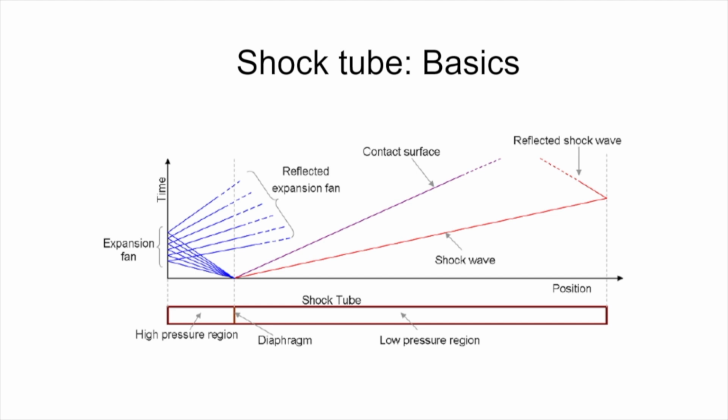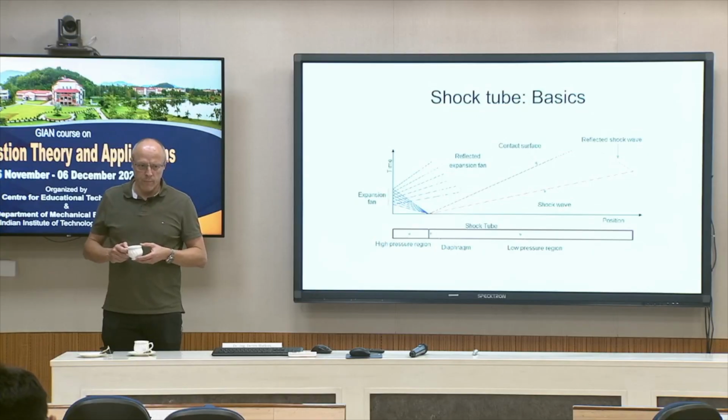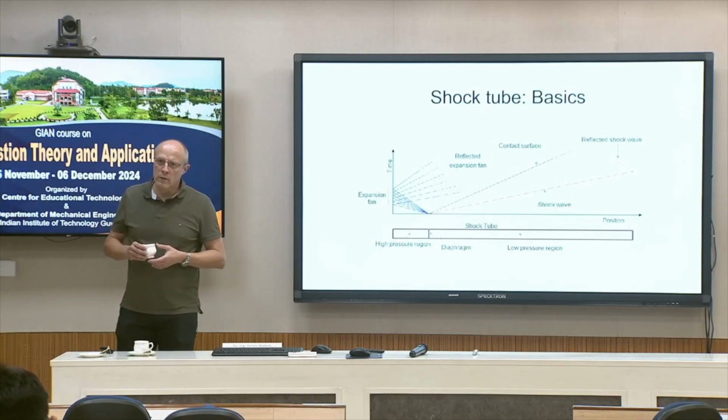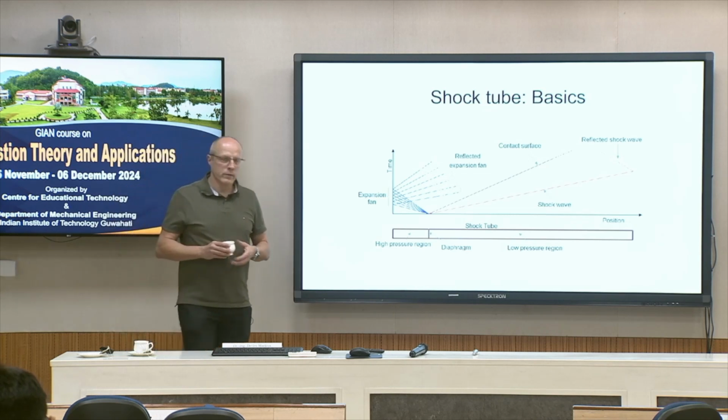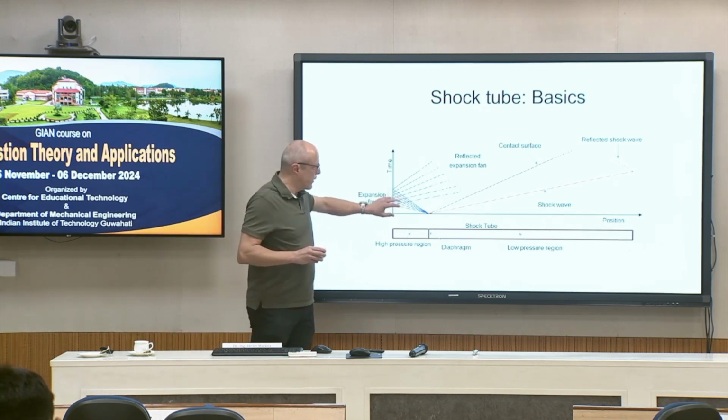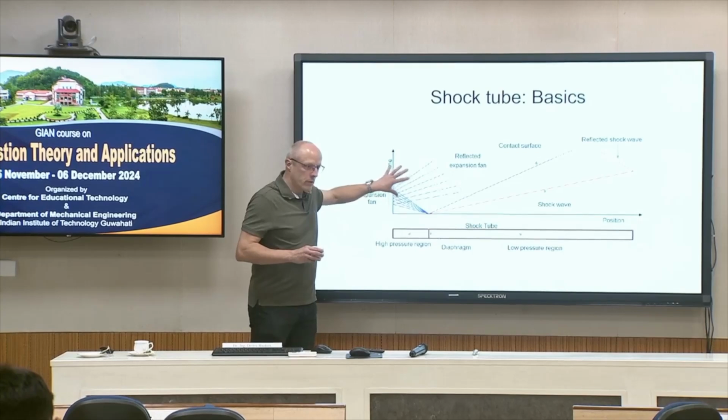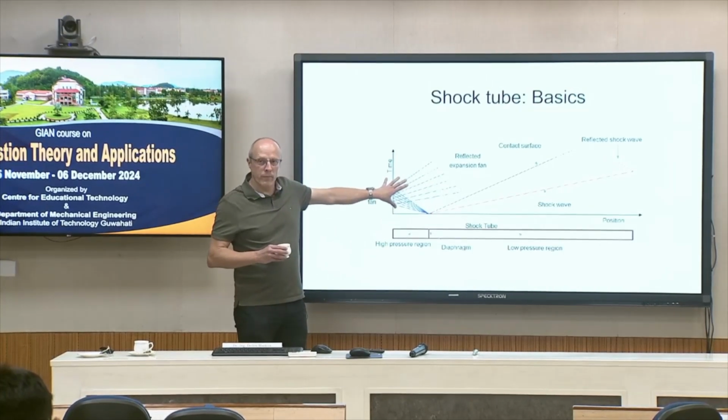But this is normally not of interest. So this is not an observation volume. Therefore, I'm not aware if there is any work where they examined the influence of the expansion fan on section 4.